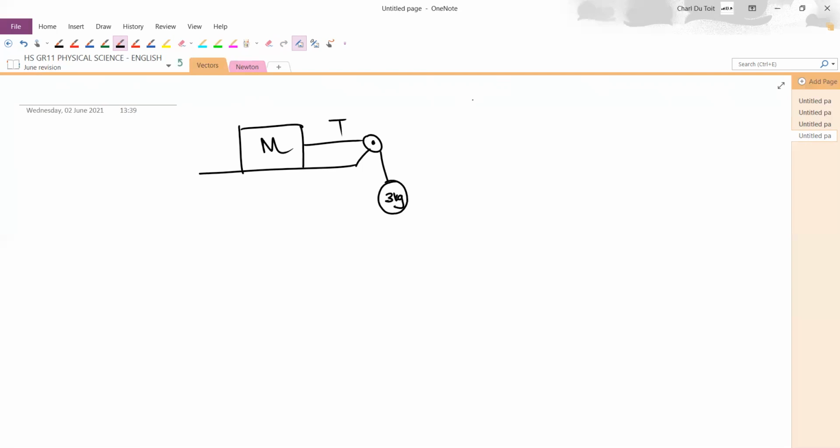Now I'm telling you that the block accelerates to the right at 1.2 meters per second squared. Actually, I'm going to change that 3 kg to 4 kg. Then the coefficient of kinetic friction is 0.2.